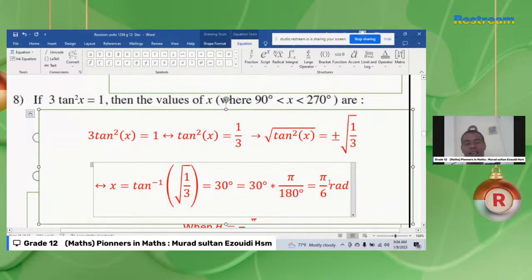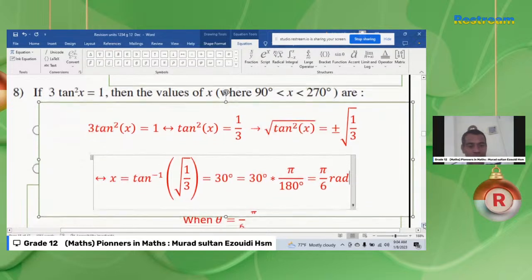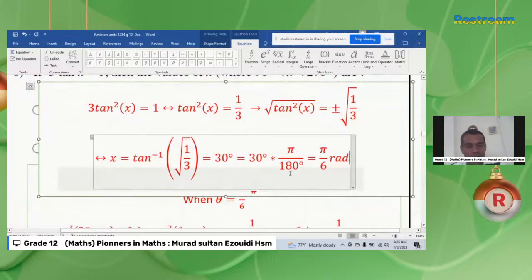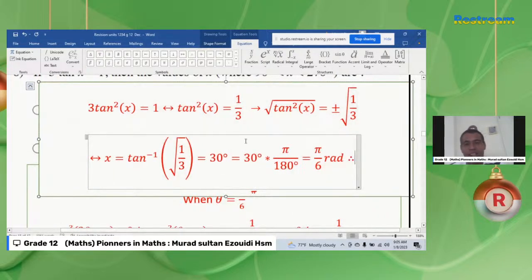Therefore, if you are going to find the first value, theta, this is positive. The root of one third is positive, which means the first quadrant and the third quadrant. So the first angle is pi over 6, and for the second one you are going to add pi. Pi over 6 plus pi is 7 pi over 6.